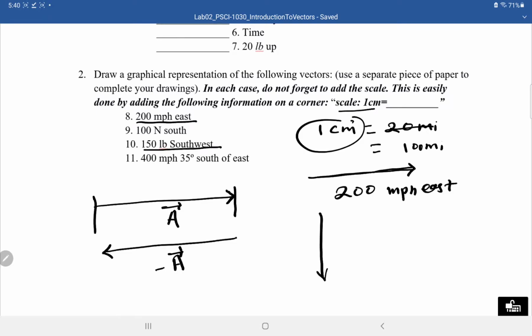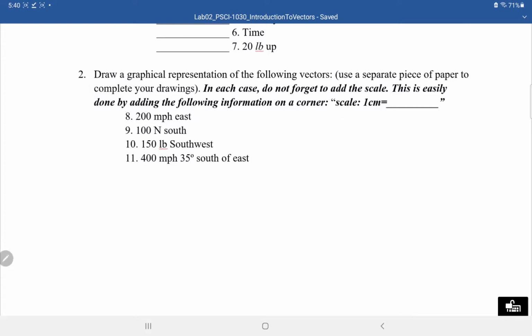Similarly, you can draw this one, southwest. Direction is not specified, we don't know the angle, so you can simply draw it like southwest, in this direction, right? And 400 miles per hour, 35 degrees south of east. So 35 degrees is given there.